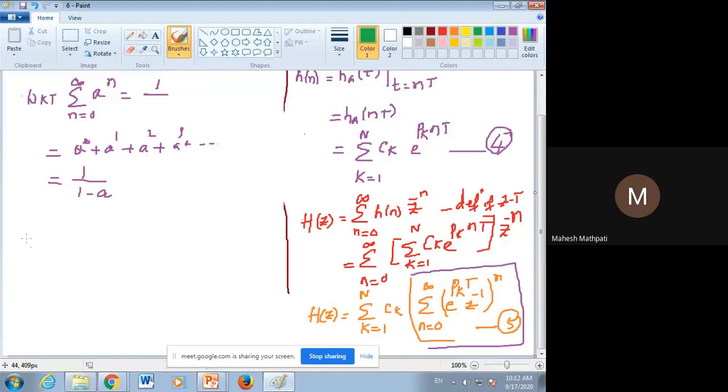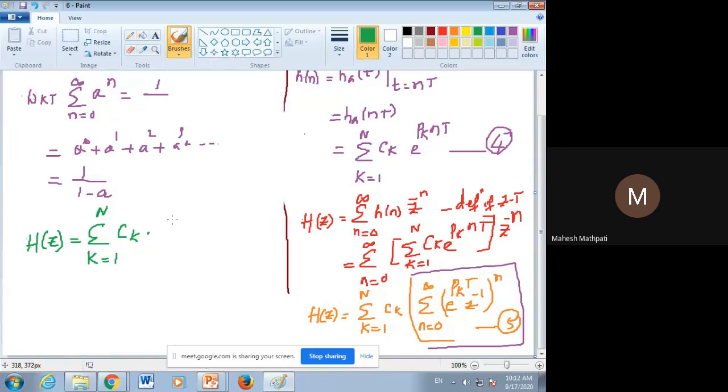Yes, h of z is equal to... What changes there now? This part will remain as it is. Summation k equals 1 to n will remain as it is. Then this ck will remain as it is. So what can I write?